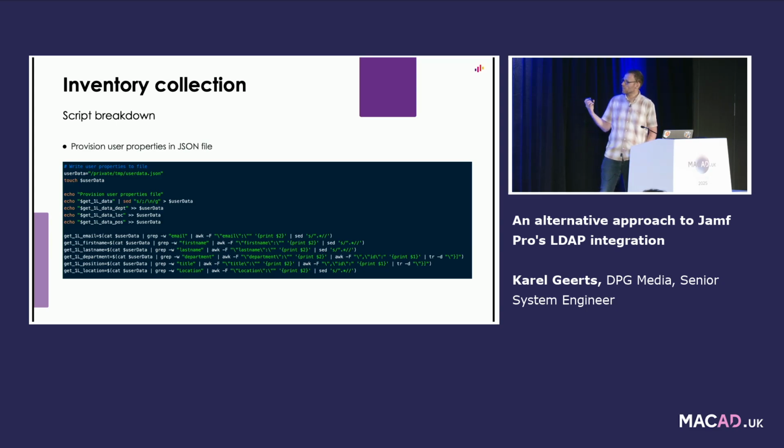And then we fill in, per property, like the email, first name, last name, department, position, and location, the right information in the variable based on the JSON file.